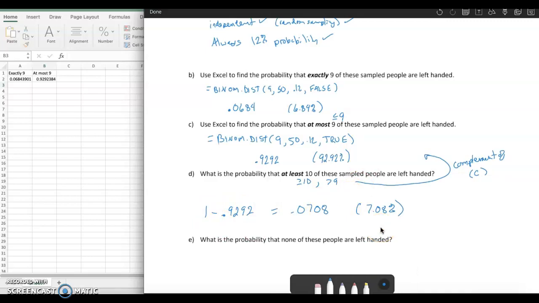What's the probability that none of these people are left-handed? Okay, if none of them are, then I'm going to be using equals binom.dist, no people out of 50 at a 12% probability each. And there's really no way to be cumulative, because there's no way to count up to; there's nothing below 0 to include there.